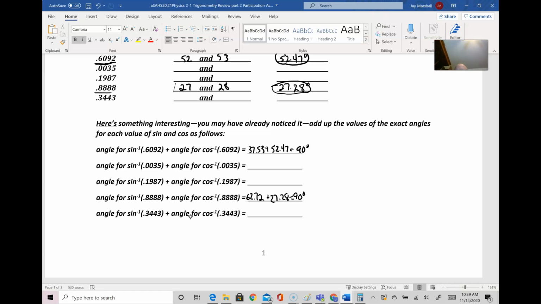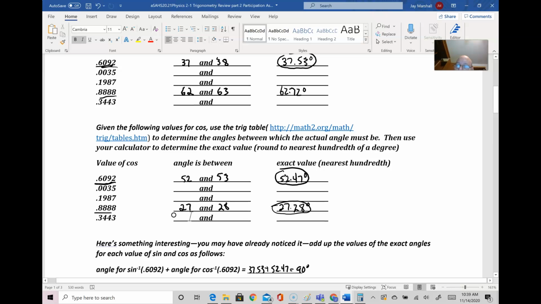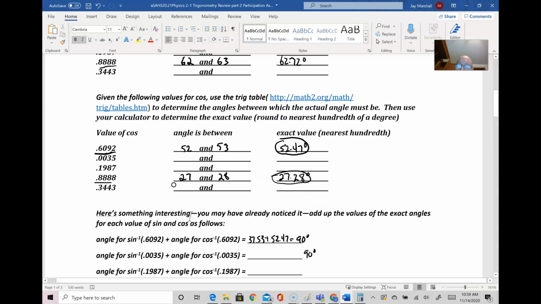So what I find out then is if I take the angle for the sine and the cosine of the same value, the inverse sine of that, and then the inverse cosine for that value, I should get complementary angles. I should get angles that add up to 90 degrees.